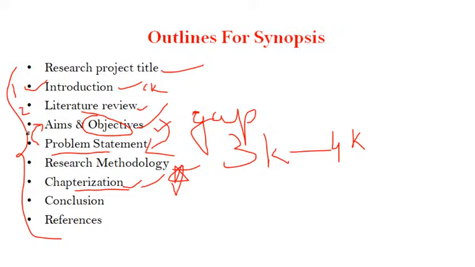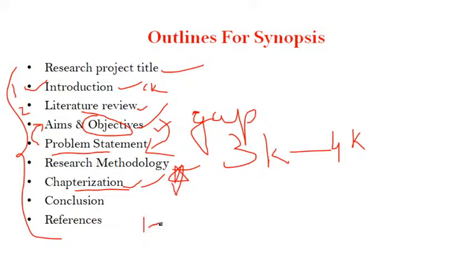The fourth chapter presents the data analysis and the discussion. Whatever statistical tools you have used, which software you have used in order to evaluate your data and interpret your results, all these things come under the fourth chapter, presented in detail in data analysis and discussions. The fifth chapter represents the findings, suggestions and conclusion.